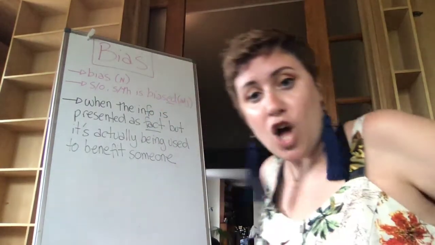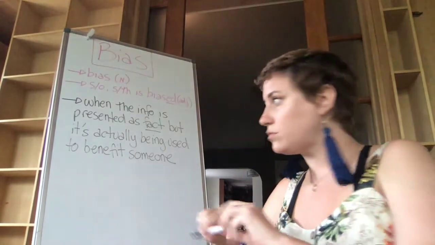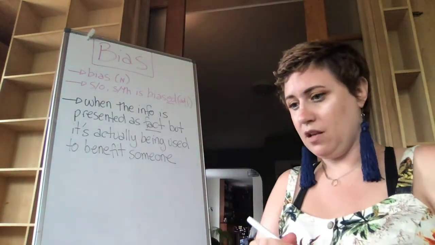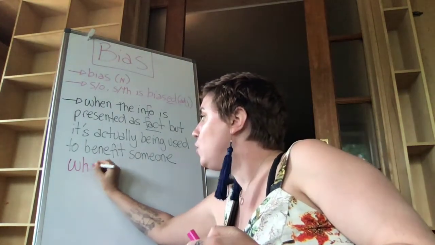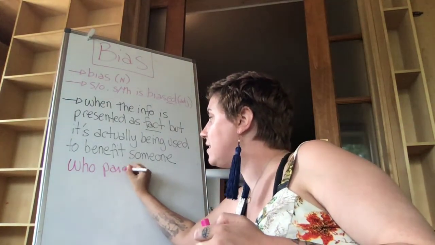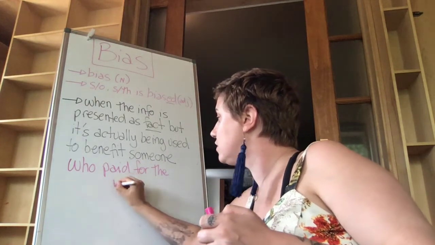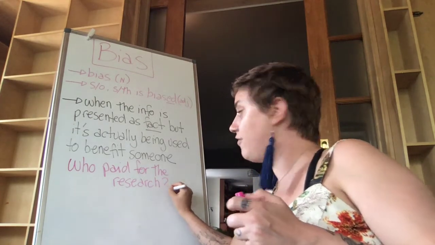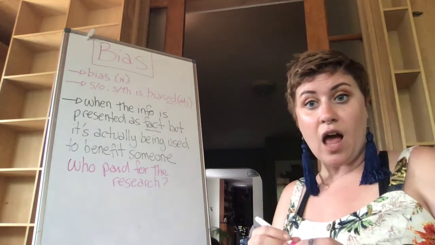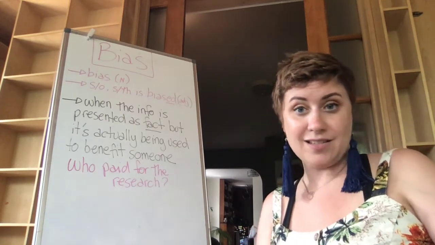And when we're talking about bias, we need to always ask the question, who paid for the research? This is a very good question. And it's not that difficult to find sometimes.